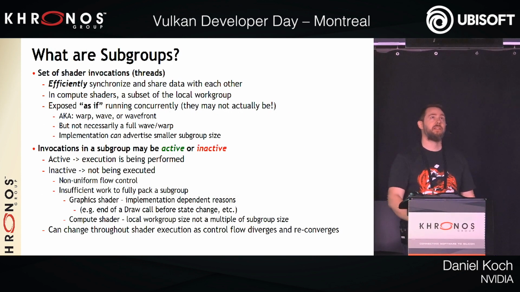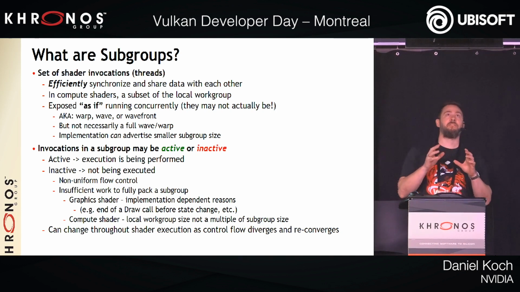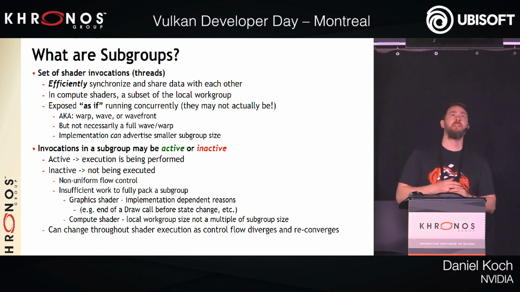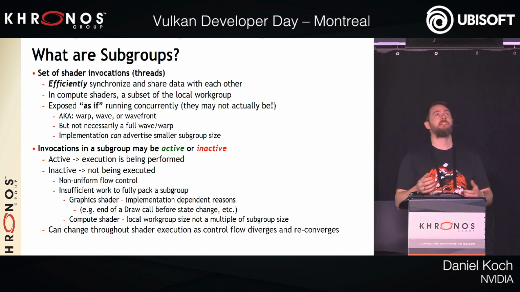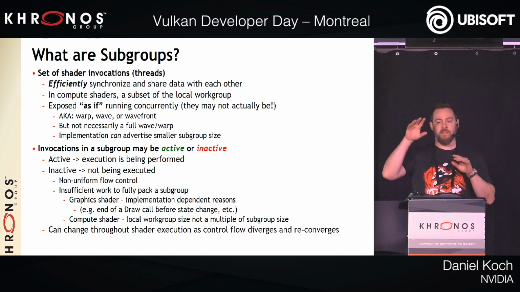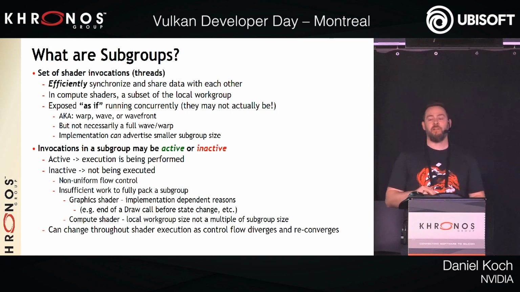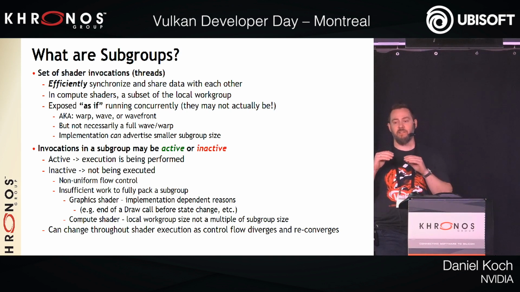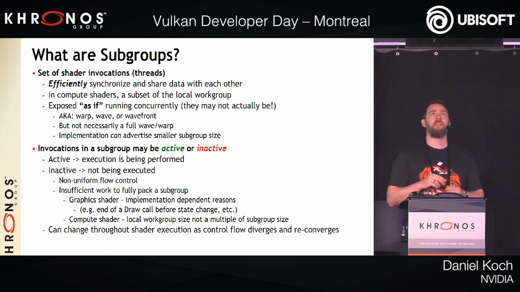So back to the basics. What is a subgroup? A subgroup is a set of shader invocations. A shader invocation is basically a thread of computation. You may have heard of things called warps or waves or wavefronts. It's basically that set of threads that are all running effectively in parallel. So you think of them as running concurrently. They oftentimes are, but they may not actually be.